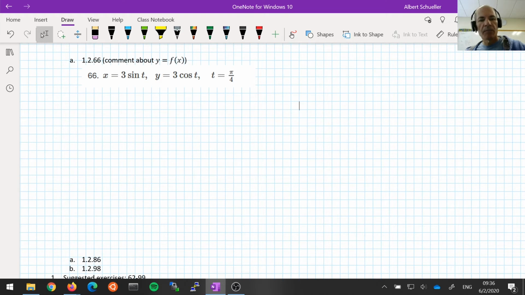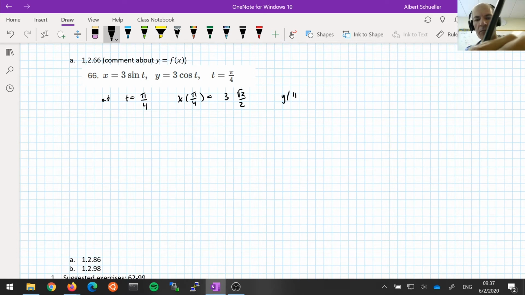So what point corresponds to the parameter value t equals pi over 4? How do we figure that out? We plug pi over 4 into x and y and generate coordinates. So at t equals pi over 4, x of pi over 4 is 3 times root 2 over 2, and y of pi over 4 is 3 times root 2 over 2.